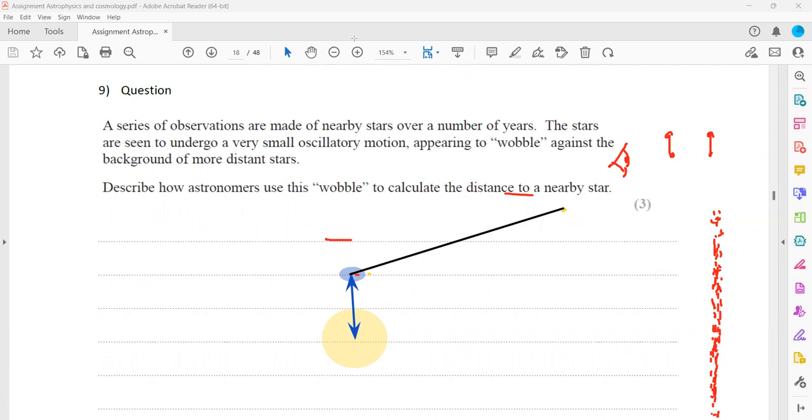This angle, say we call it theta 1, is the angle with reference to the background. Now, after 6 months, the position of Earth will change. Say after 6 months, we are here.